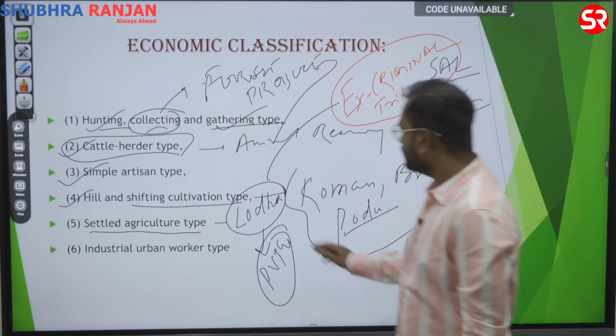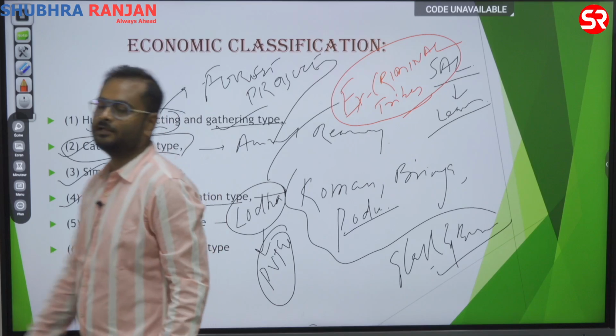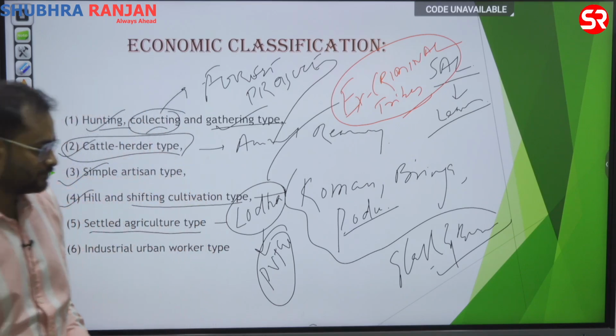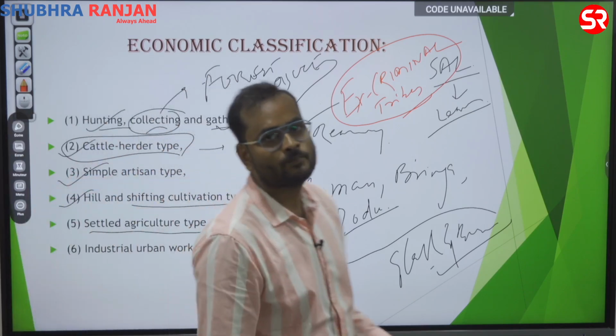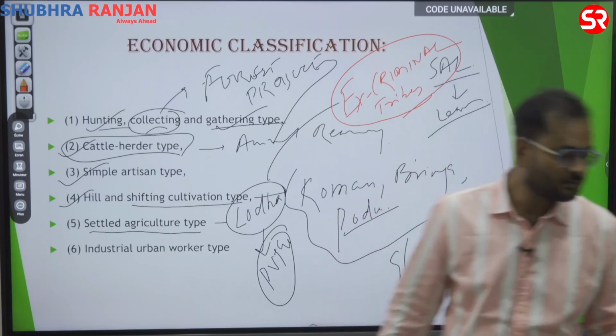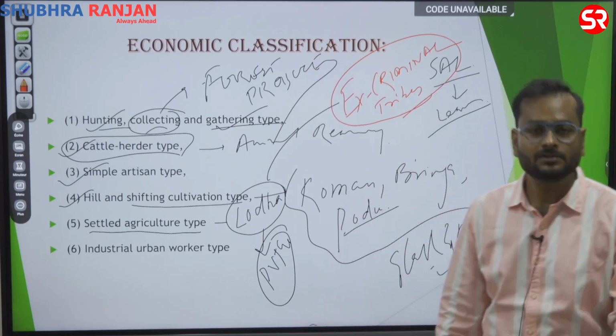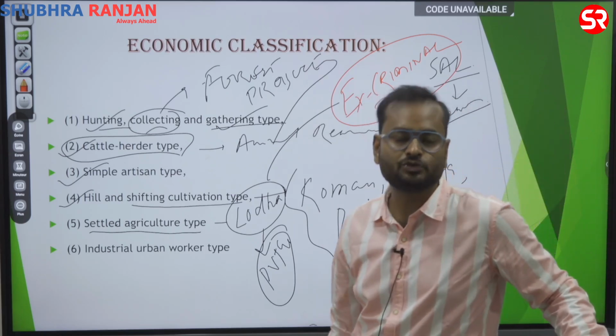Lodha is one such tribe in Odisha which was branded as a criminal tribe by the Britishers when they were our colonial masters, using an act called the Habitual Offenders Act.